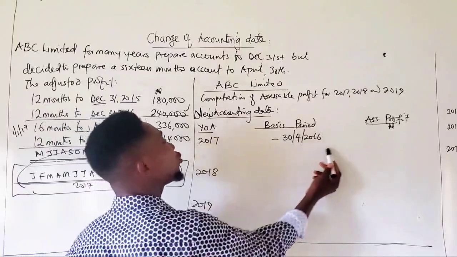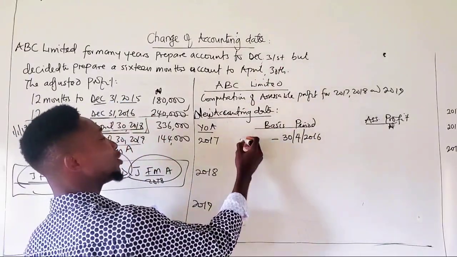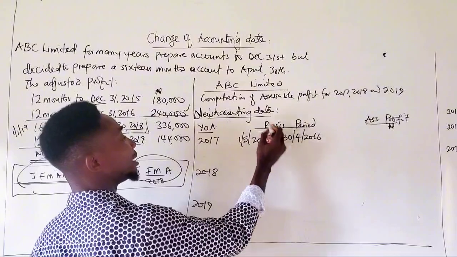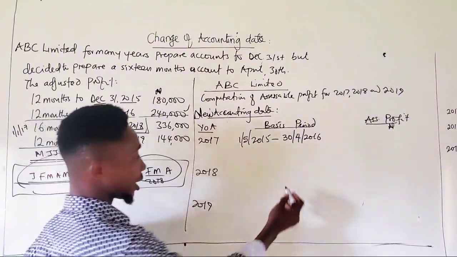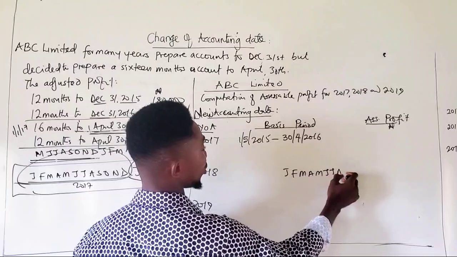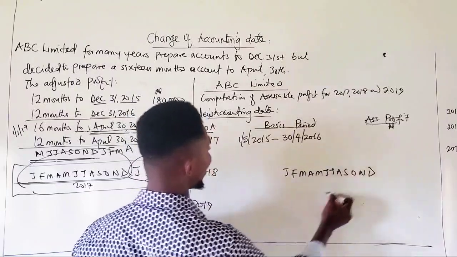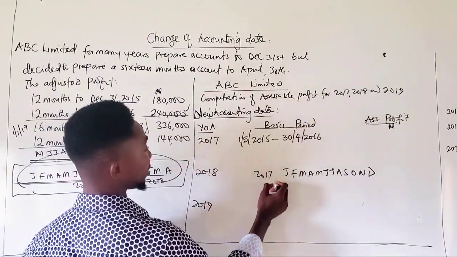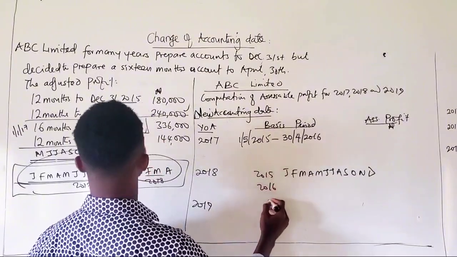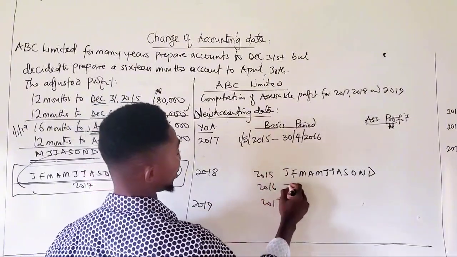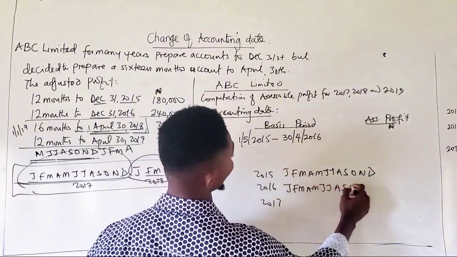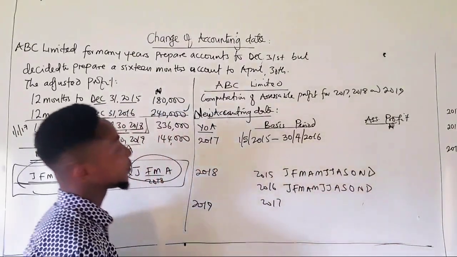When you count 12 months back, it will land us on 1st of May 2015. Do I agree with that? Okay, let's see. January, February, March, April, May, June, July, August, September, October, November, December 2015, 2016, 2017.